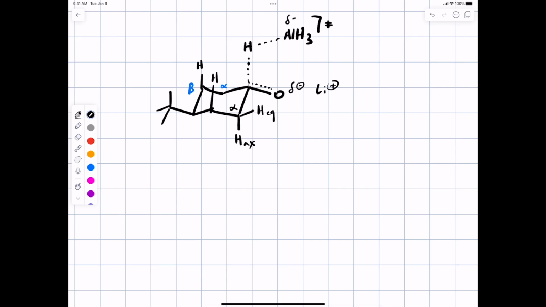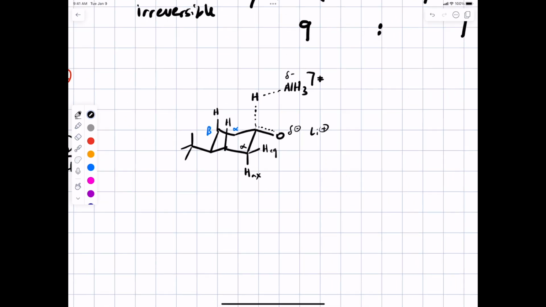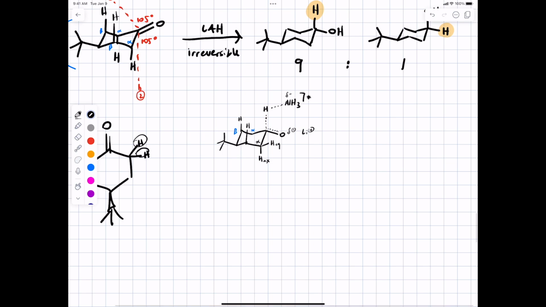Okay, so as we go from starting material to transition state, as I mentioned above, we are relieving this pseudo-eclipsed interaction between the carbonyl group and the equatorial alpha proton.